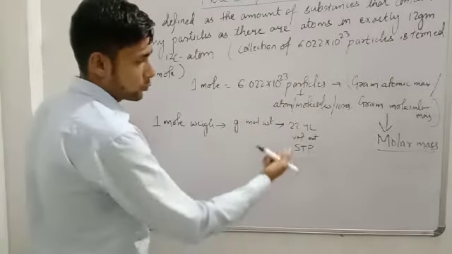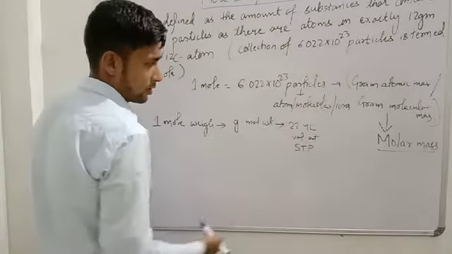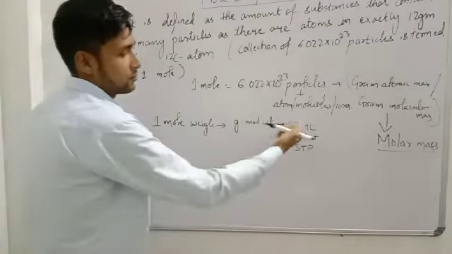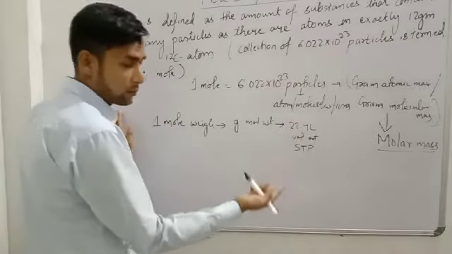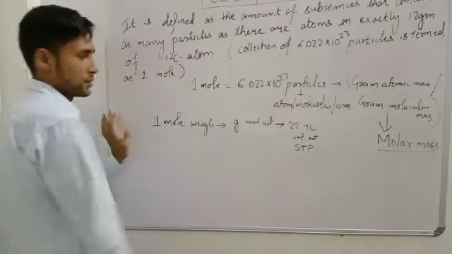Or 2 mole of gas occupy 2 into 22.4 liter, 3 mole of gas occupy 3 into 22.4 liter of volume at STP. Remember this thing.